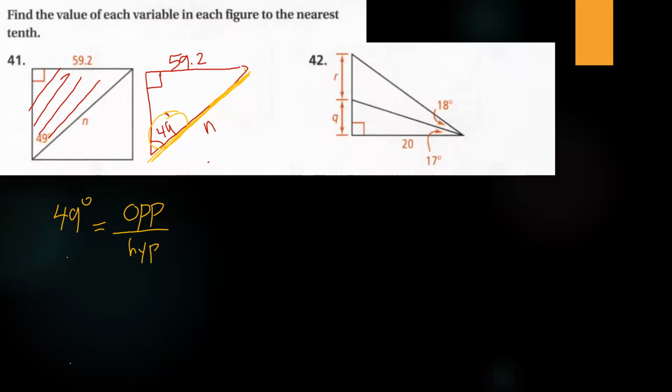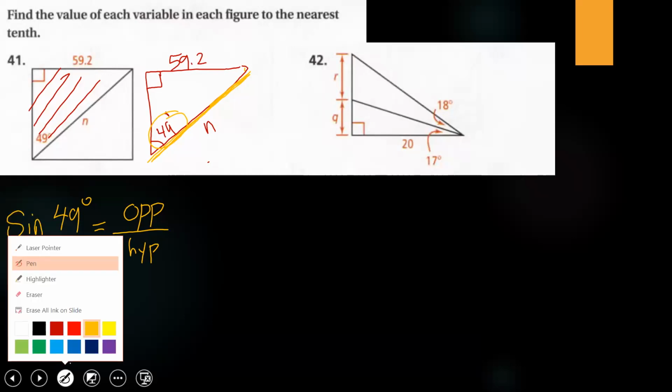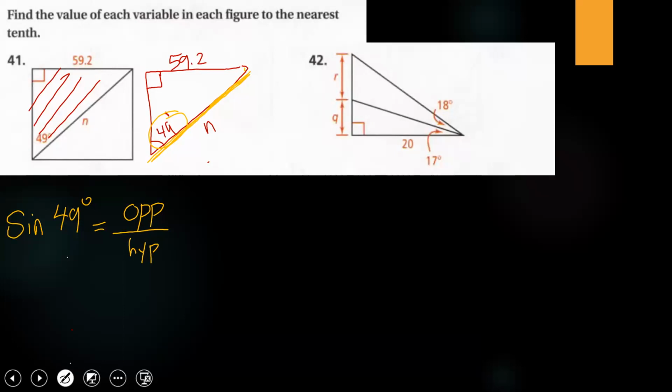What is the opposite over hypotenuse? Sine. 59.2 over n. So now I have sine 49. I have the opposite, and I need to find the hypotenuse, so it's very easy.